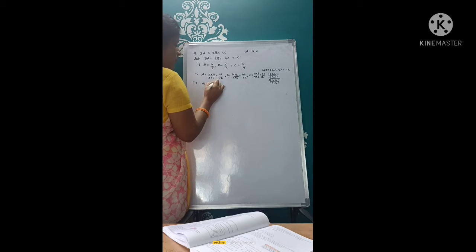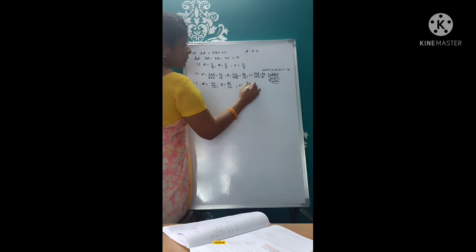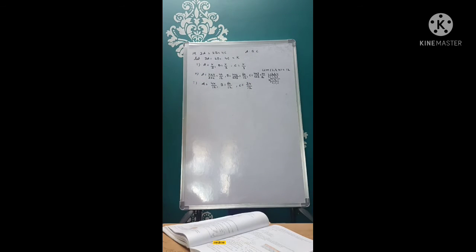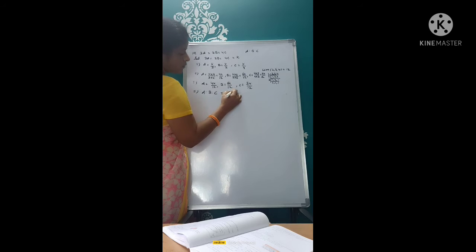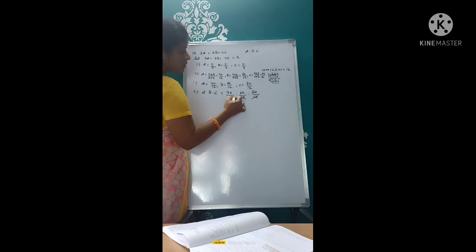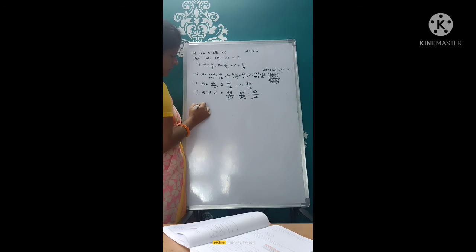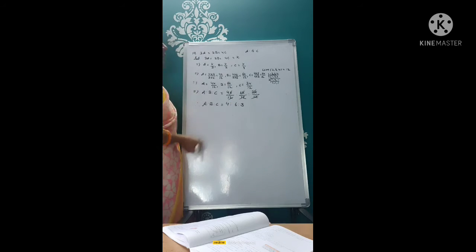So A equals 4K by 12, B equals 6K by 12, C equals 3K by 12. Okay, now A is to B is to C equals 4K by 12 is to 6K by 12 is to 3K by 12. 12, 12, 12 cancel, K cancel. Therefore, A is to B is to C equals 4 is to 6 is to 3.